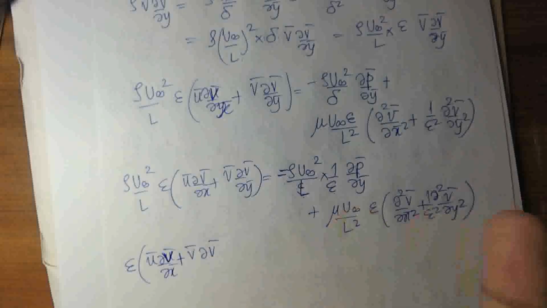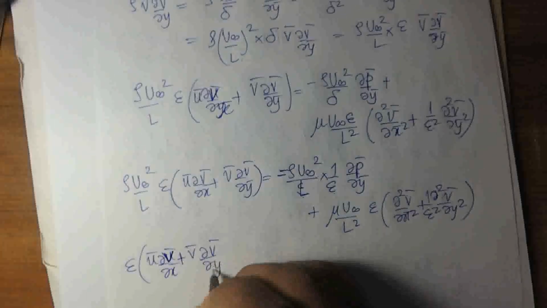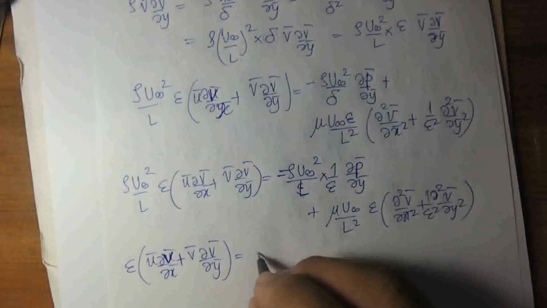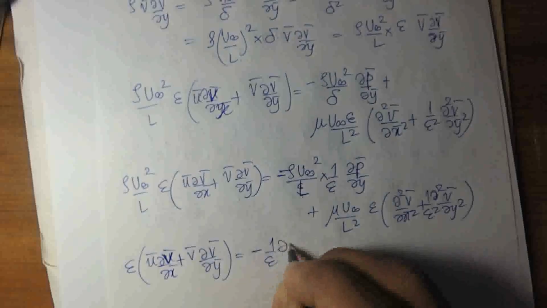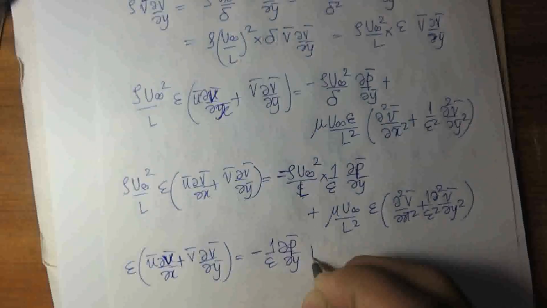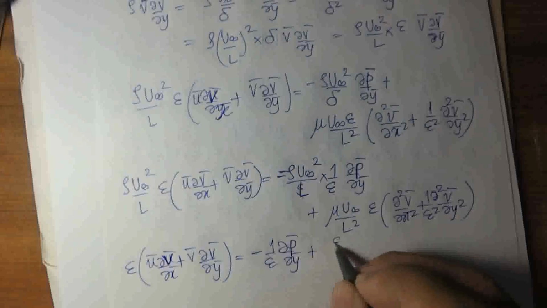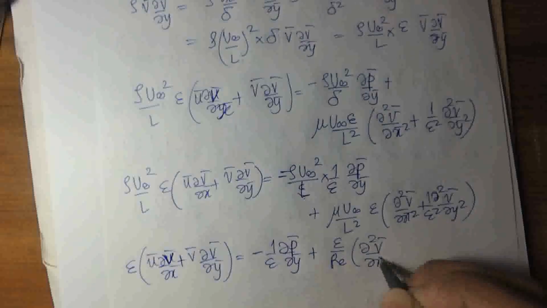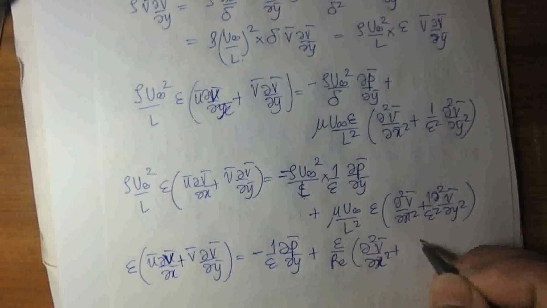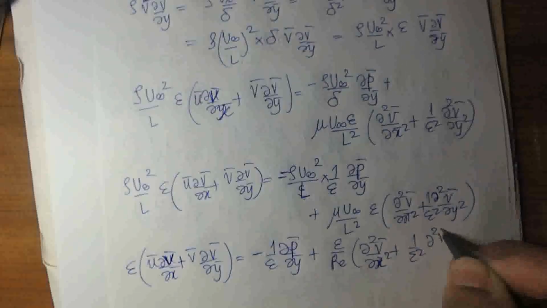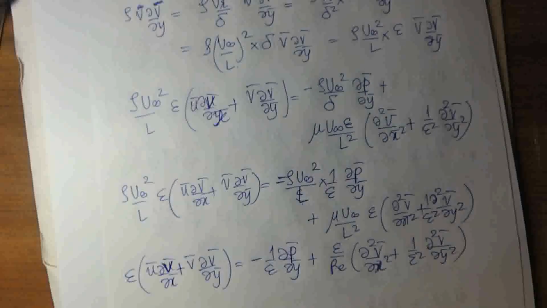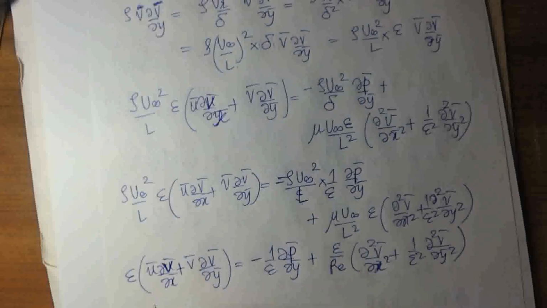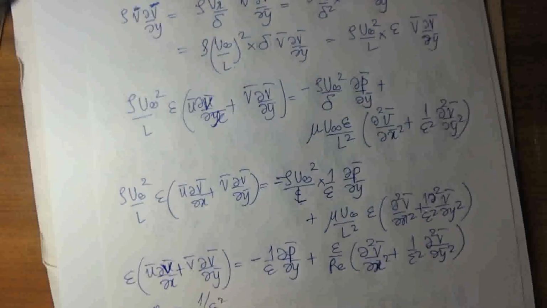Okay, we are writing the y momentum equation is equal to minus 1 by epsilon del p bar by del y bar plus epsilon by Re times del 2 v bar by del x bar 2 plus 1 by epsilon square del 2 v bar by del y bar 2. But the Reynolds number we have already seen is 1 by epsilon square.